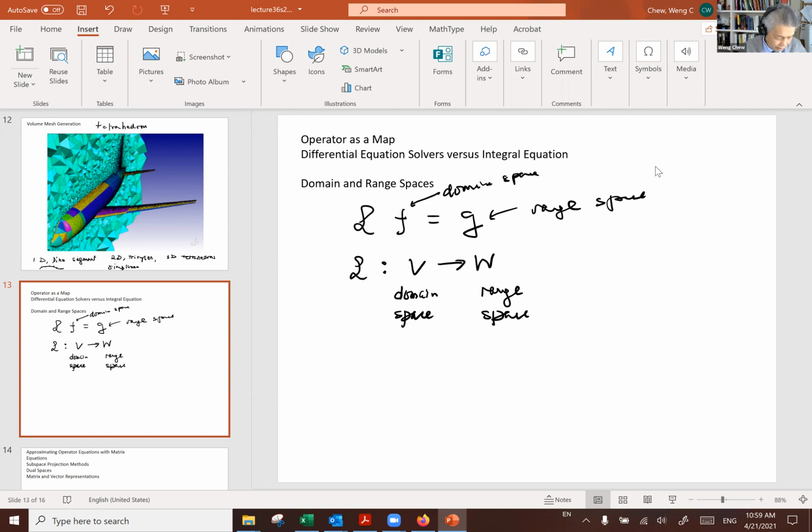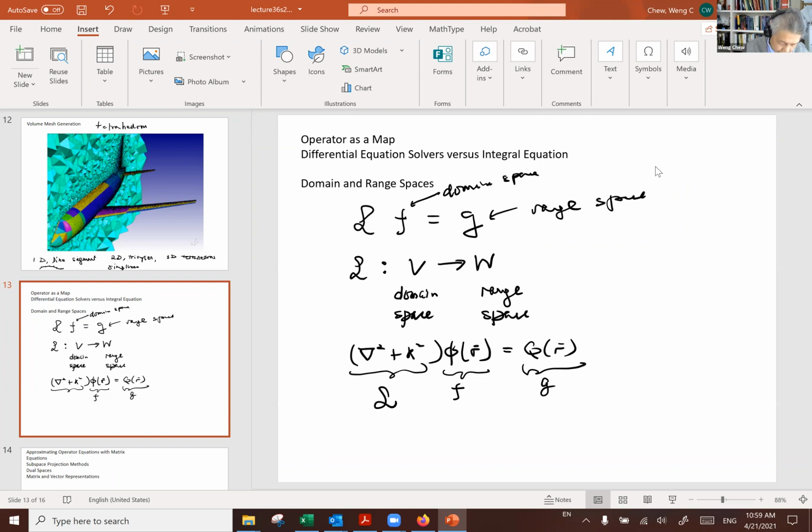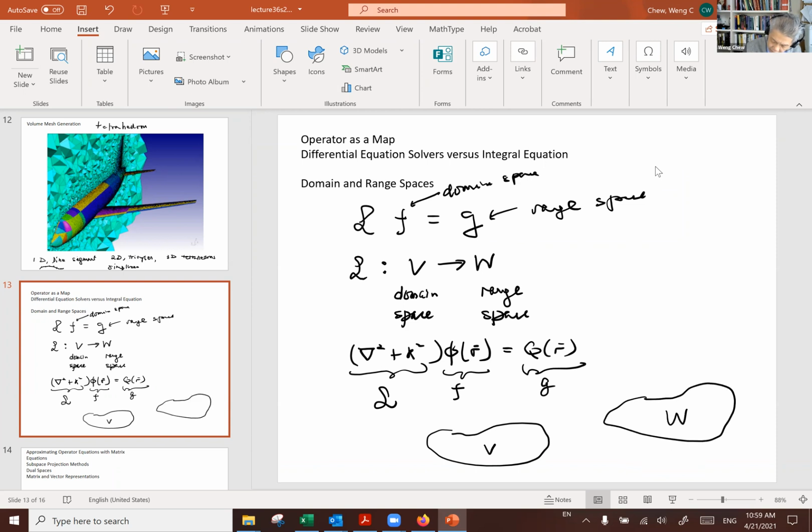Okay, and a good example of this is your differential equation. And this would be your range space G, and this is your domain space F, and this is your linear operator L. Okay, so abstractly, you can think of two abstract spaces in the mathematical world called V and W. The L operator just maps the function from the domain space to the range space.